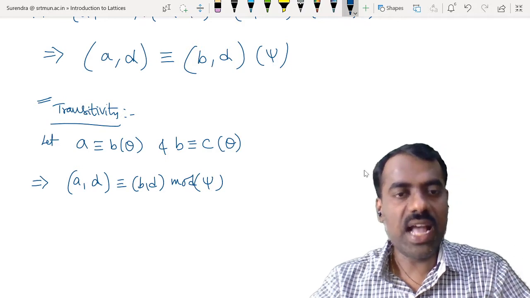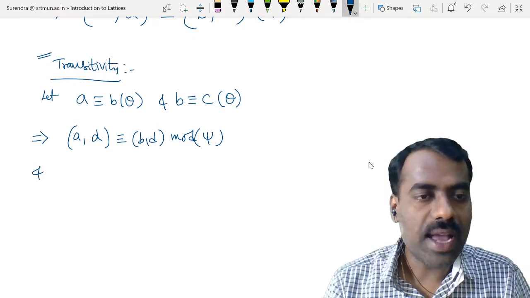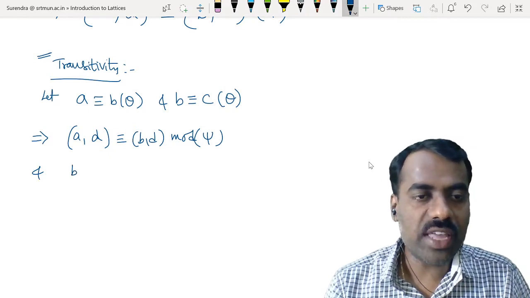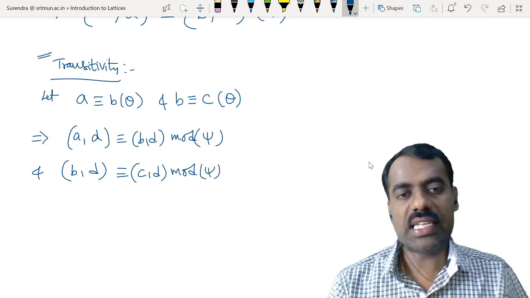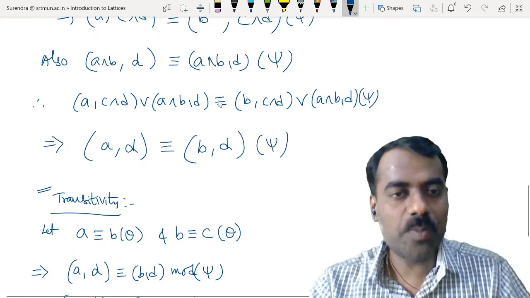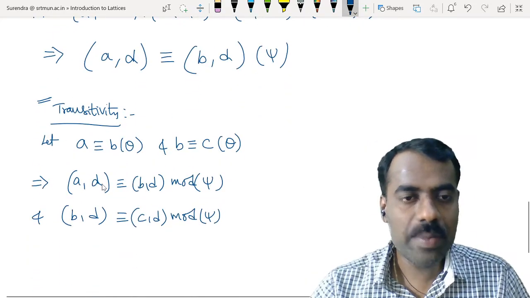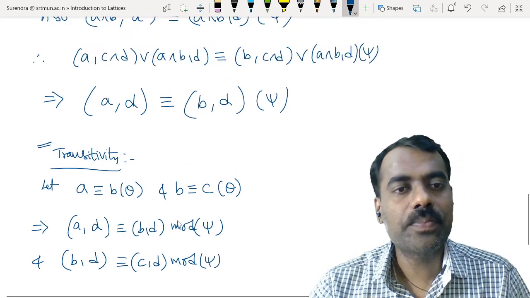By definition, how we have defined theta. Similarly, B is congruent to C. So therefore B comma D is congruent to C comma D modulo psi. Is this clear? Why now I am able to use same D here? Because of this property. Otherwise I might have written here D1 and here D2. Is this clear?